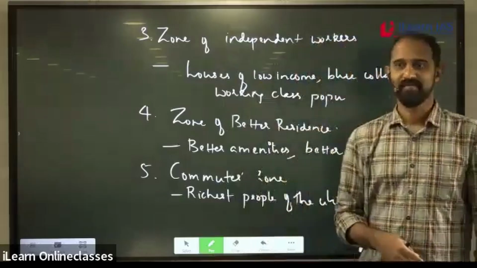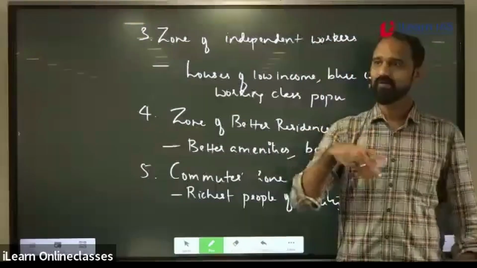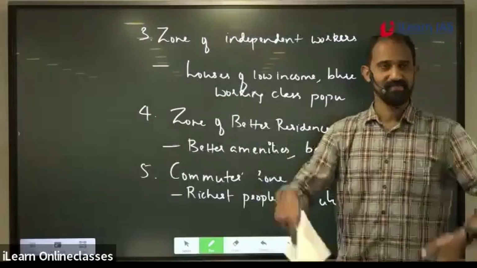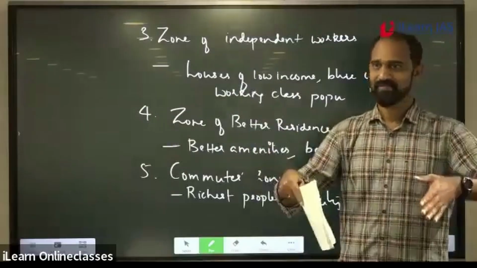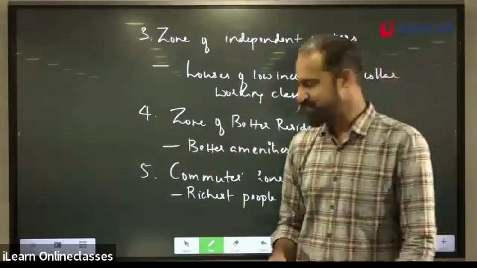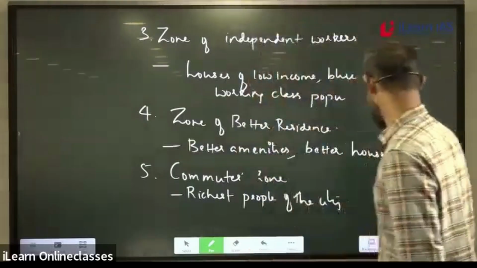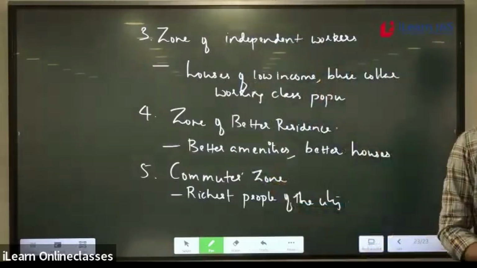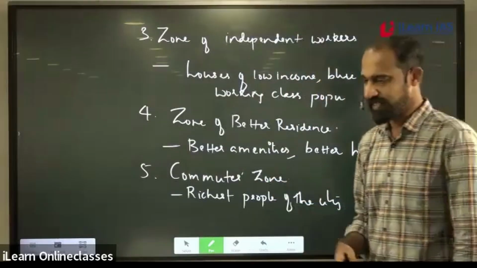You might have seen many US movies with a lot of space, very wide roads with lawn on both sides. So this is the concept of the commuter zone. So this is the concentric model. We'll continue with the other models in the next class.